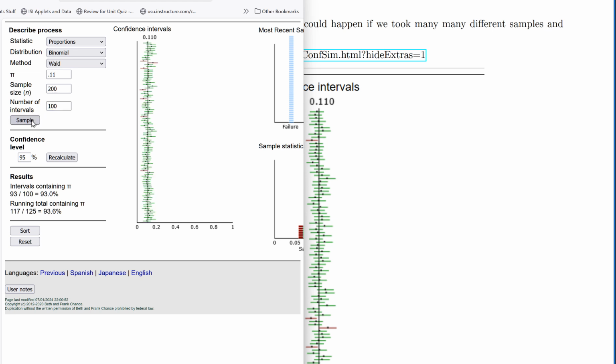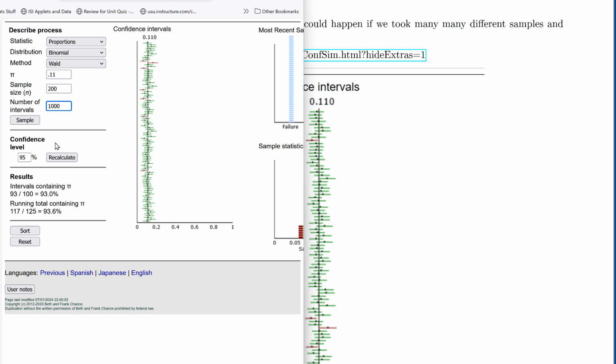If I do this 100 times, notice most of my intervals will actually contain my true population proportion, but some of them don't. So far, for all of the ones that I've done, about 93.6% contained my population proportion.